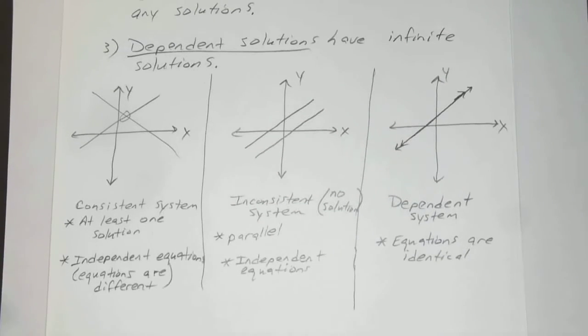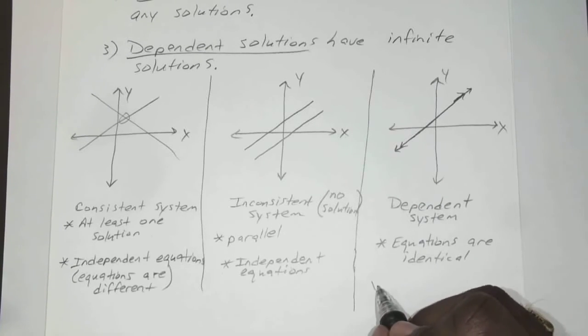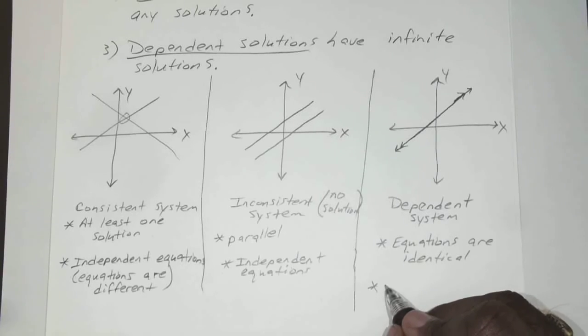And if you remember, the definition of a consistent system is that they have to have at least one solution. If you have an infinite number of solutions, you have at least one. So a dependent system is also a consistent system.